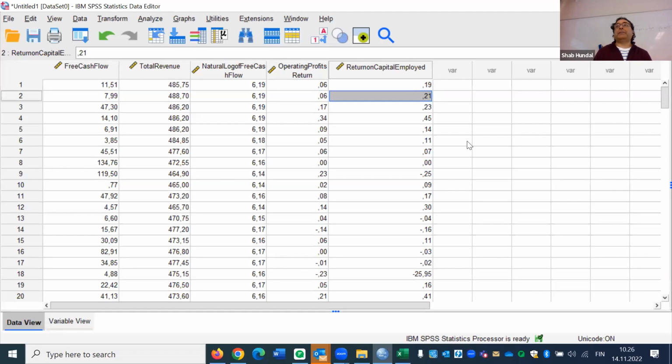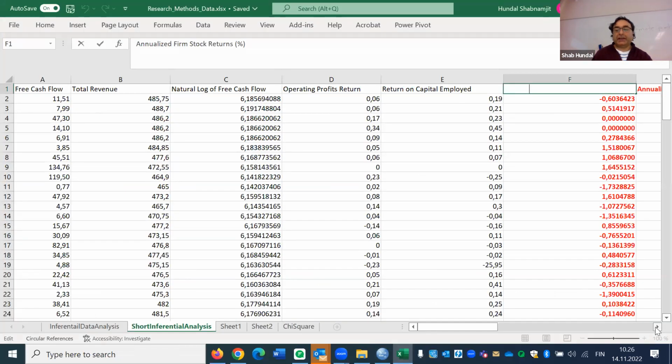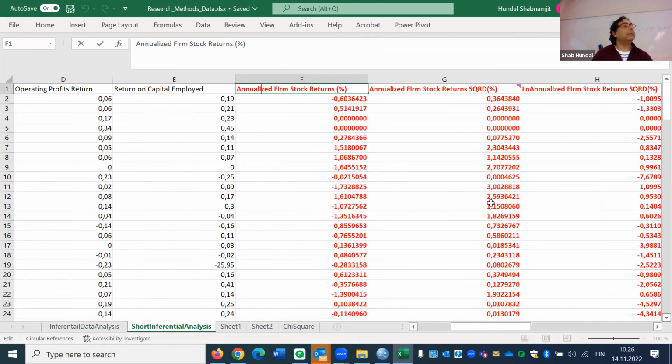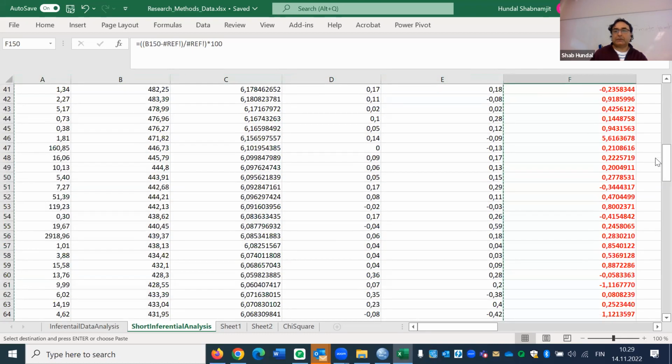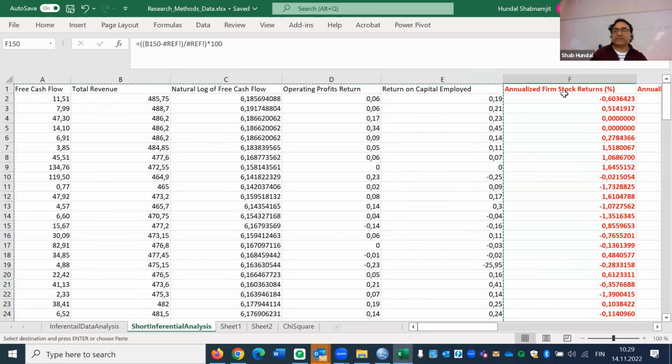Are we all here now? Yeah, all good. Then I go to the original spreadsheet once again, and there is a variable which you need to pick up, this red one, the first red one, which is the annual firm stock return.